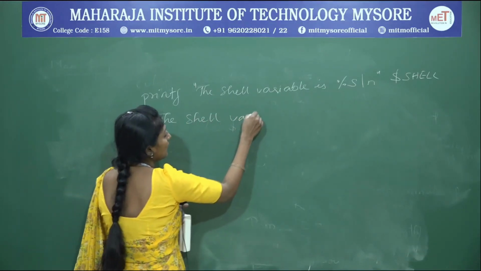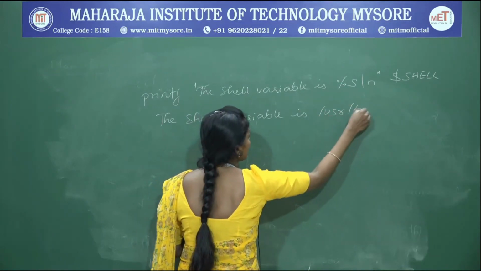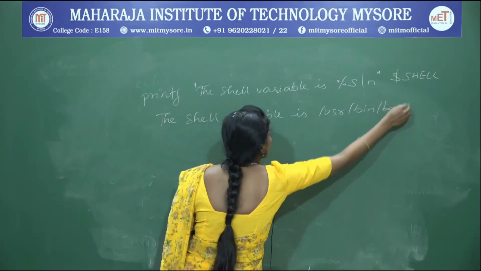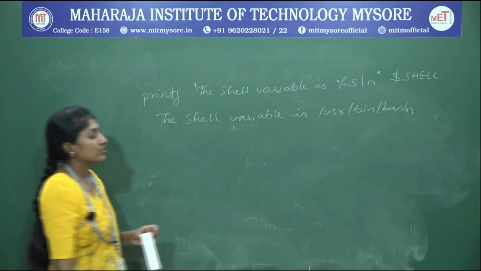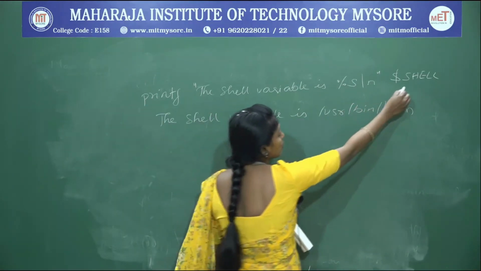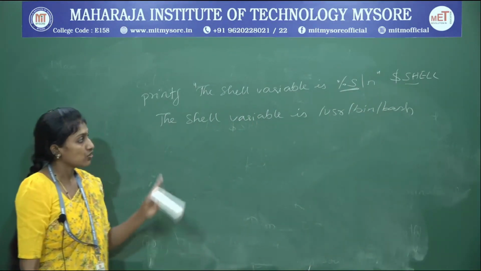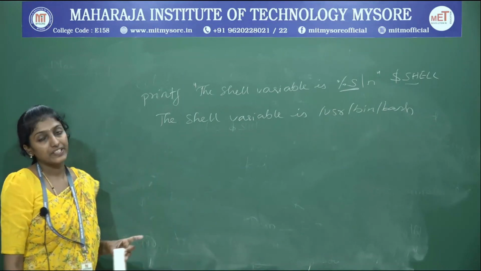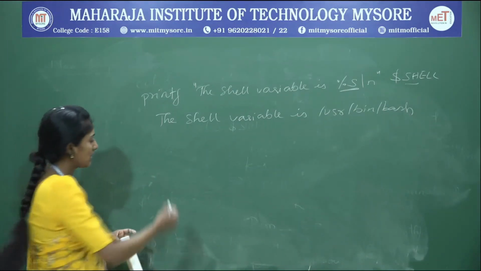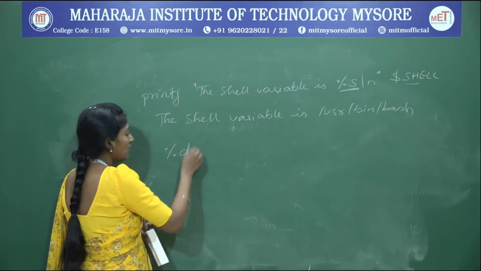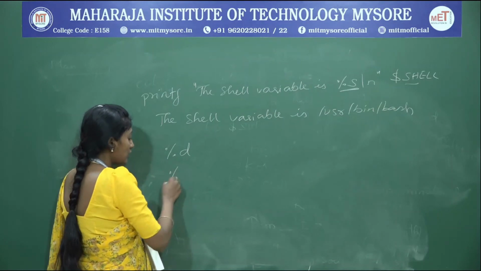The shell variable is /usr/bin/bash. This is the output we are going to get. It replaces the format specifier %s with the complete value of the shell variable. That is what the printf statement does, like an echo statement. Likewise, if you want to print a number, use the format specifier %d for digits.